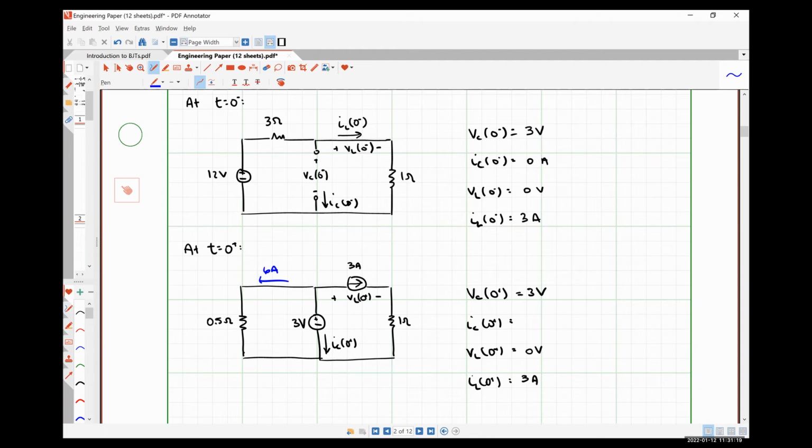What we need to find at 0 minus is the capacitor voltage and the inductor current, because that tells us how the capacitor and inductor behave at t equals 0 plus. But we don't have to do any work for these, so I just write them down for all parts, because that's the habit that I've developed. All right, so 6 plus 3 plus IC is equal to 0, which means IC is -9.